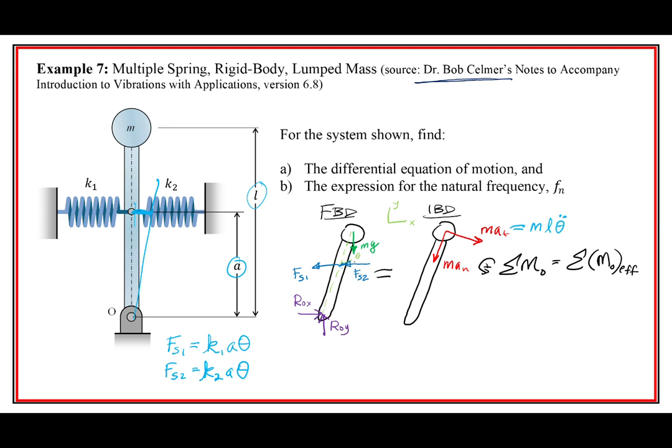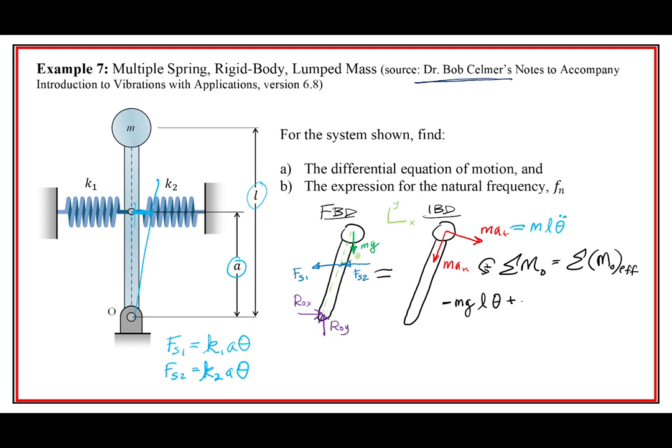Looking through here, mg is going clockwise, so it's negative mg, and its moment arm is going to be L times the sine of theta. But we already know we're going to get a small angle, so we'll just put a theta in there. And then these two forces are both going to be times A, but they're also going to have a moment arm, right?